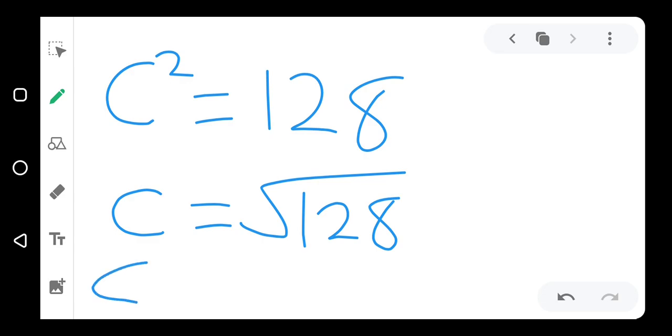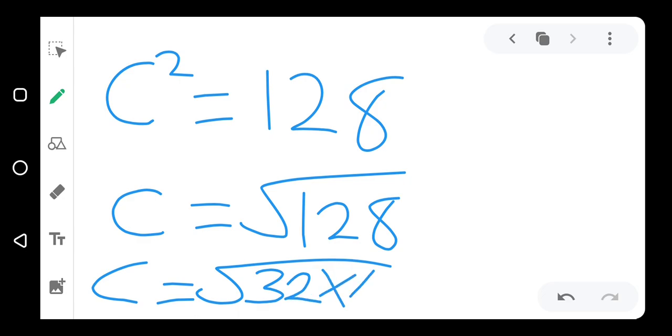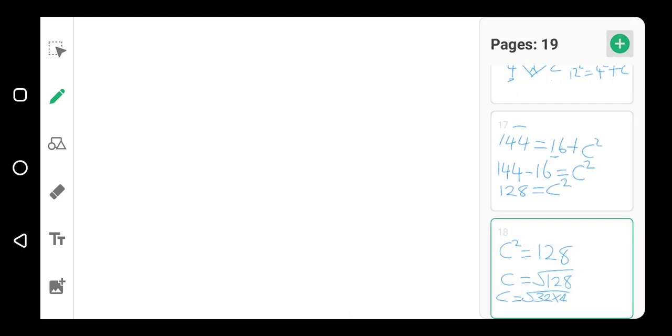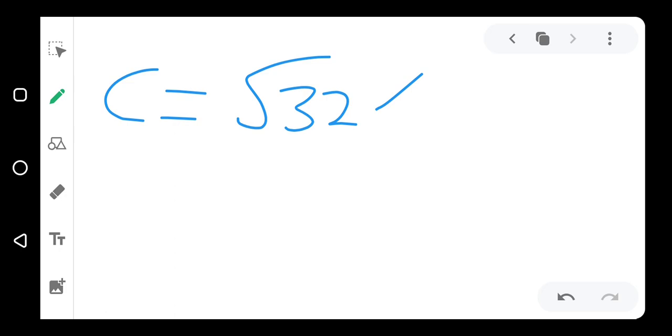So this is equal to root 32 times 4. Root 32 times 4. Now we have that c is equal to root 32, we just separate two of them, times root 4.